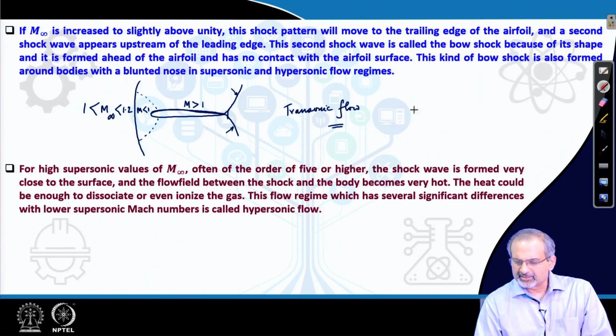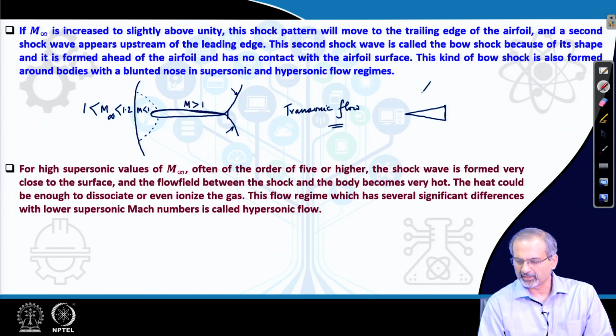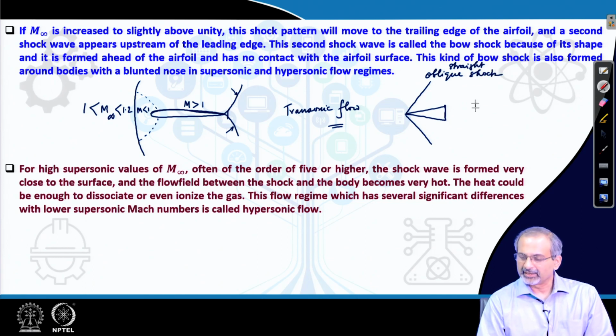If you were to insert a sharper body into this supersonic flow, then what would you see? With a sharp nose body, you will see a feature like this, an attached straight oblique shock, and this would end up producing lesser wave drag.